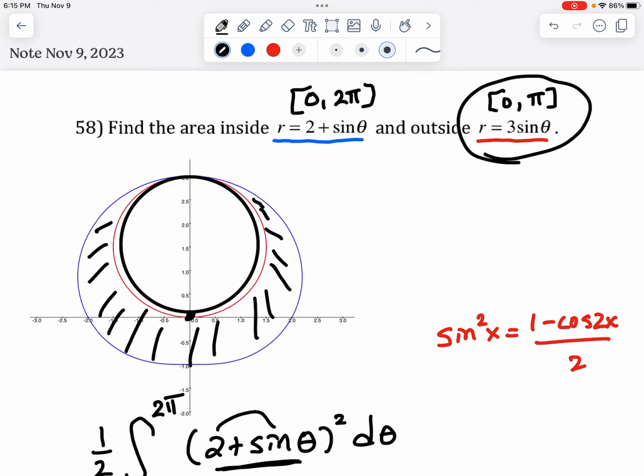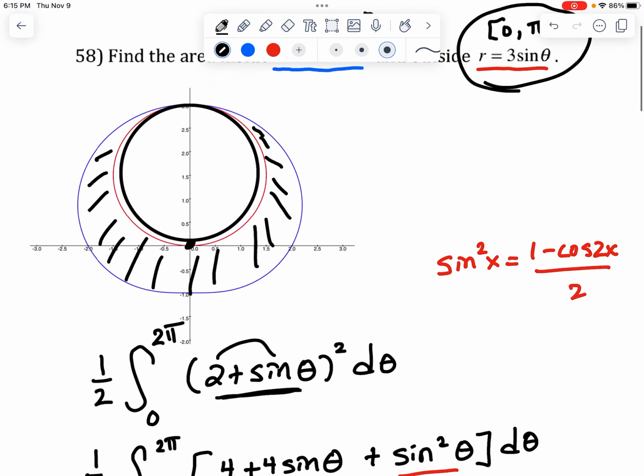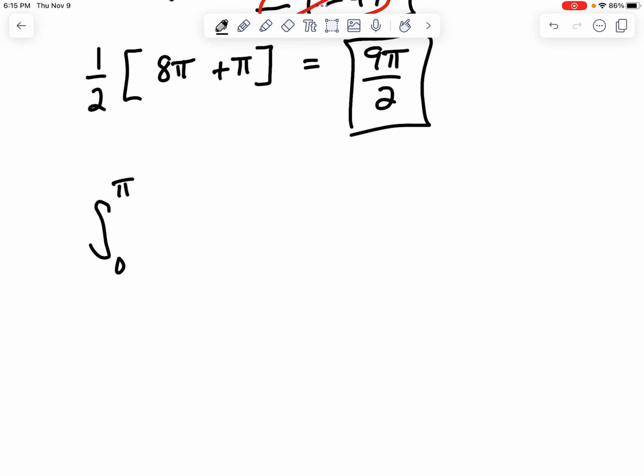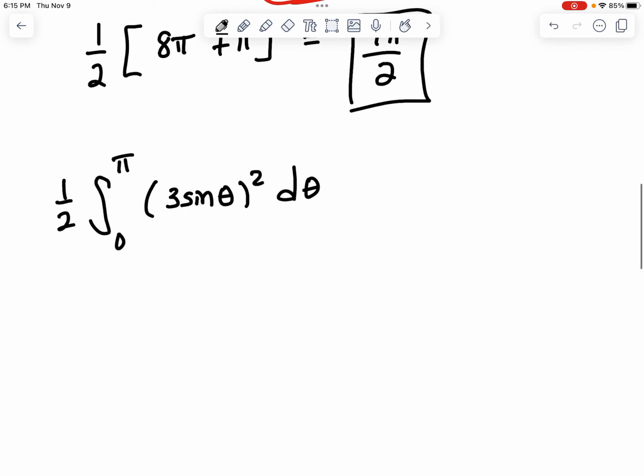So then we need to integrate from 0 to pi the 3 sine theta. So then integrate from 0 to pi. The formula is 1/2, and then 3 sine theta gets squared. And let's see, 3 squared will be 9, so I'll factor that out.